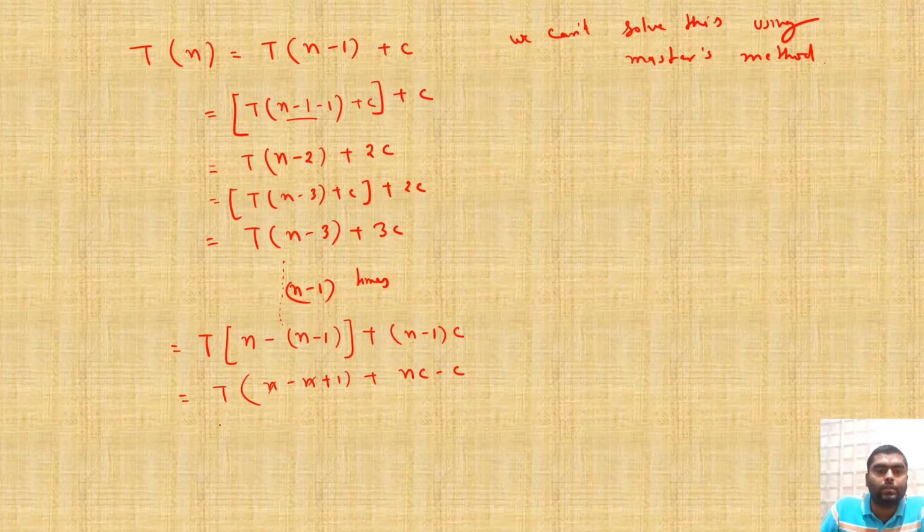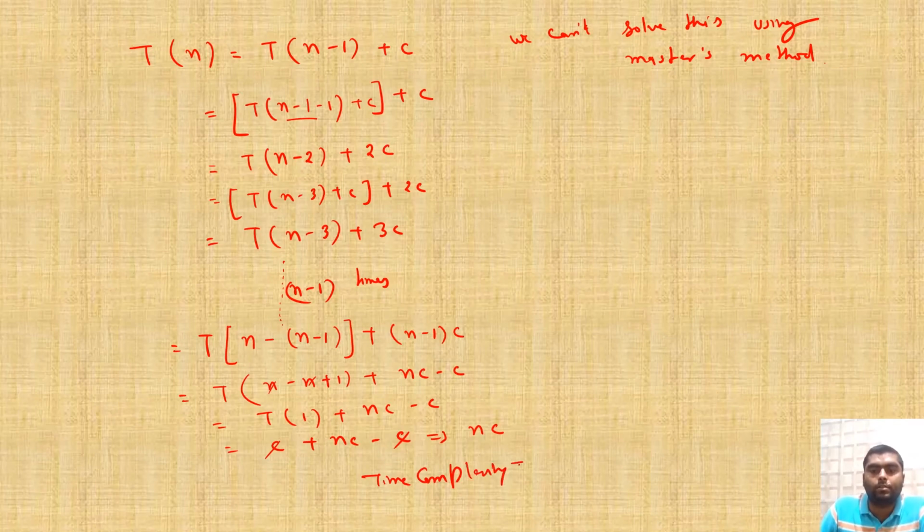So this is finally T of 1 plus nC minus C. T of 1 is going to be your C, plus nC minus C. So the C and C get cancelled. Finally you will get nC as the answer, which is nothing but the time complexity, order of n. So I hope that this solution is clear to you.